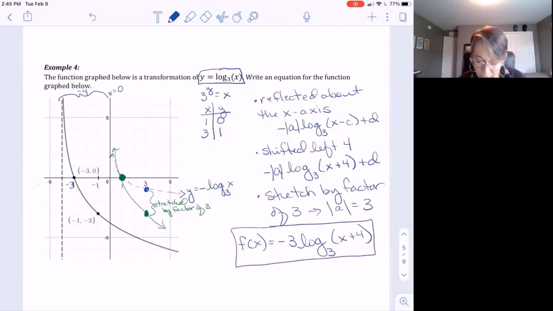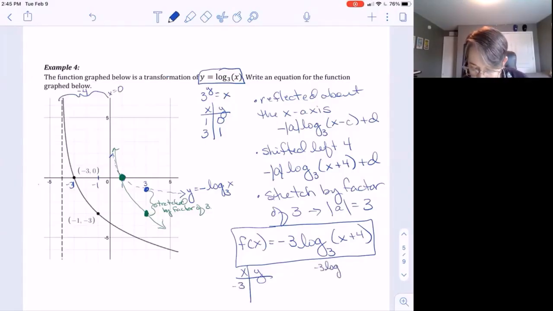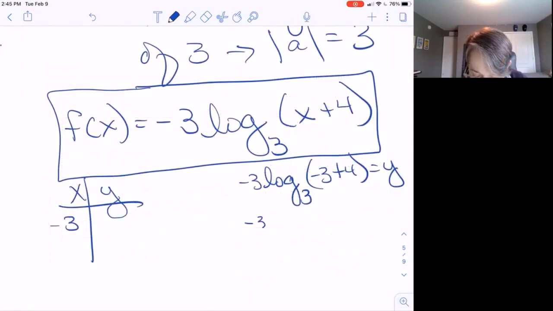And you can always check these by putting it back into the table and seeing if you get the points that were given in the original graph. So if we plug in a -3 for x, we would get -3 log base 3 of (-3 plus 4), which is -3 log base 3 of 1 equals y. And remember, the log of 1, regardless of the base, is always 0.